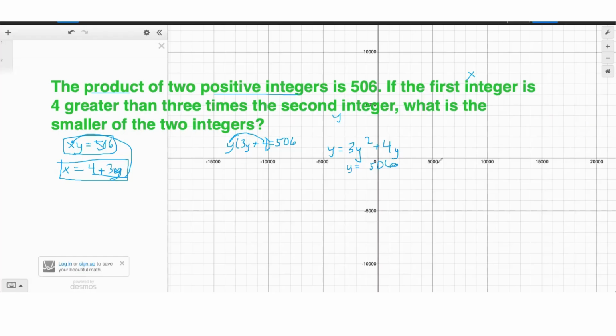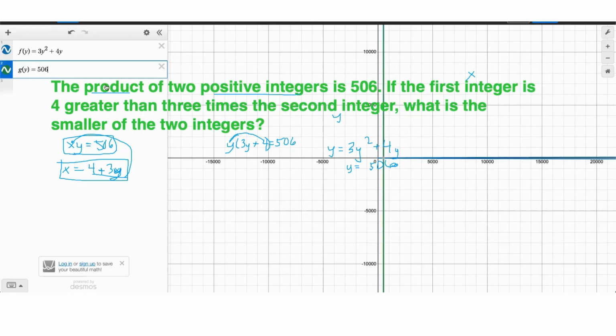So I can plug that into Desmos. Because there are two y's, my first equation is f of y equals 3y squared plus 4y, and then I have a second equation, which I'm going to designate as g of y equals 506.